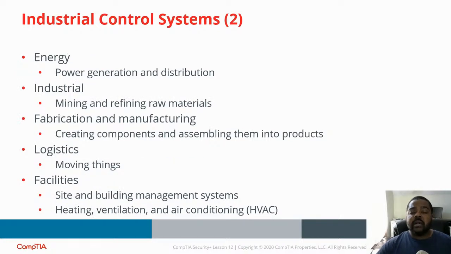Like I mentioned with the water system, these systems also go into energy power plants, industrial facilities, and logistics facilities. And can you imagine if someone were to get their hands on a system that could pollute the water that you and I drink? And there's nothing that we can see from it because we don't have those systems connected to the internet, so it's not going to give us a warning like that.